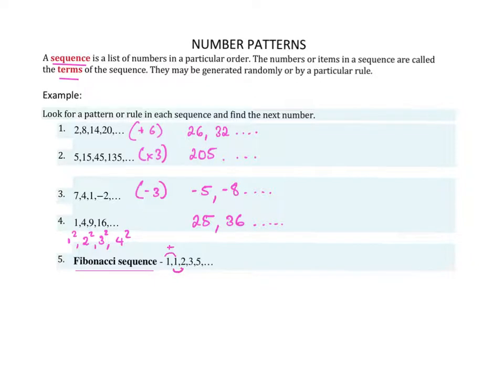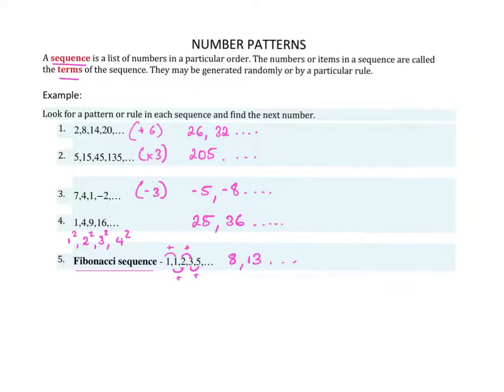If I add those two together, I get 3. If I add those two together, I get 5. So you're adding the previous two together. So 3 plus 5 is equal to 8. And then the next one would be 5 plus 8, which would be 13. And that is known as a Fibonacci sequence.